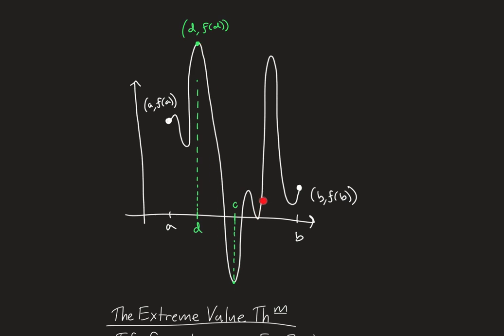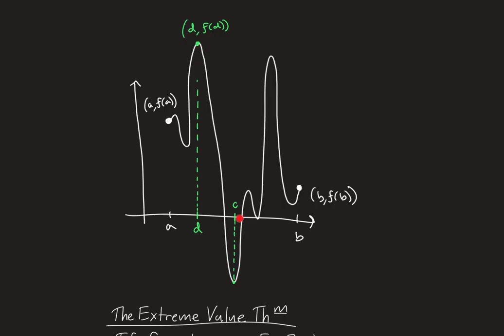And that biggest f value will always be accomplished if our function is continuous. If you have a continuous function, it's required that the dots, this dot and this dot, are connected without lifting your pen.